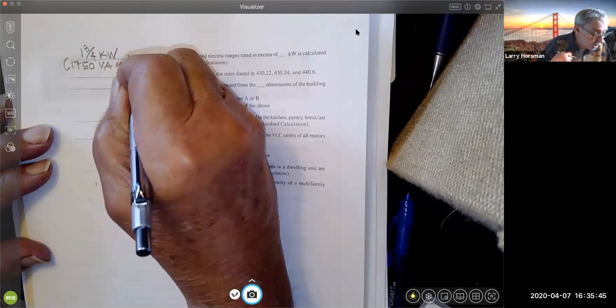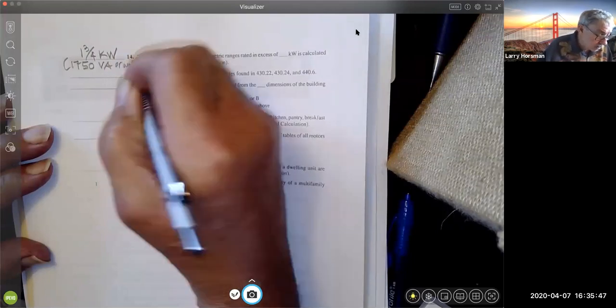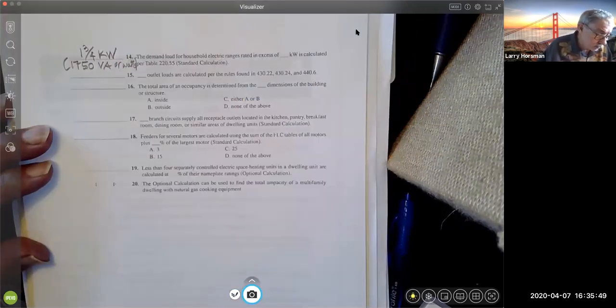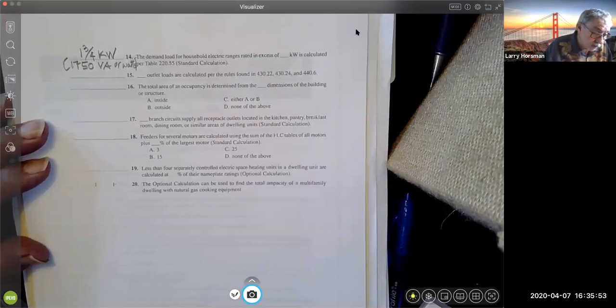So 1,750 volt amperes or watts is calculated per table 220.55, standard calculation. I think you have a copy of that.